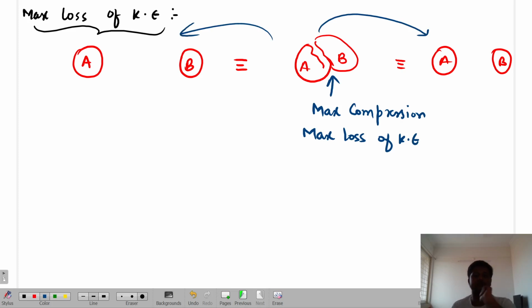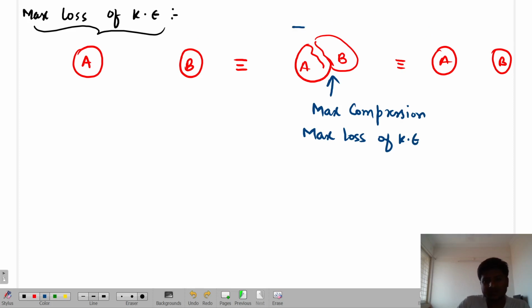Before that there was already kinetic energy. So you always have to take this common velocity which is present during the deformation phase as the condition for your maximum loss of kinetic energy. Are you able to get me? Is that clear?